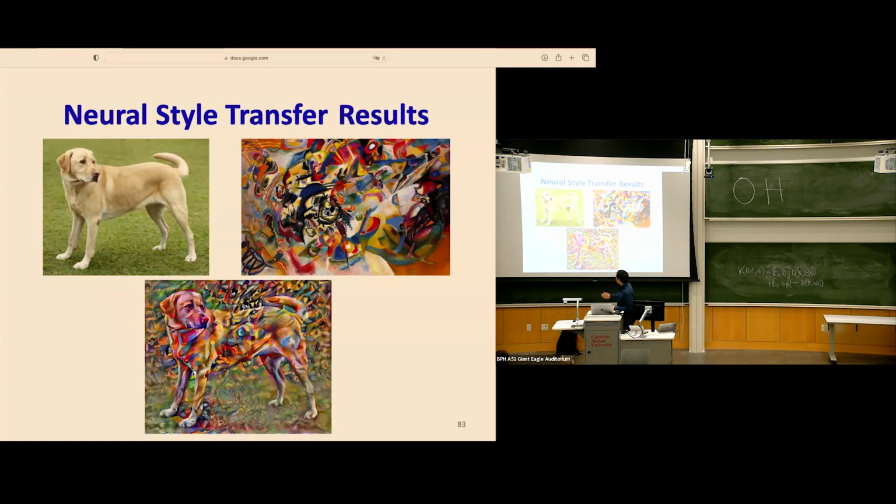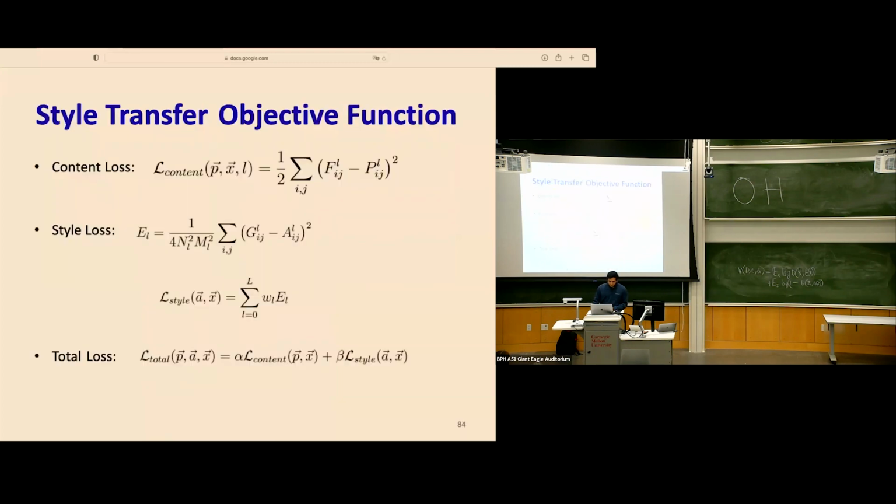And yeah, I'm sure you must have seen results like this before. Now you know how to get it done. And there are a lot more applications of this where you can use it for image inpainting or deblurring, etc. Again, I won't dwell too much on this, but it's important to know that the objective function has two main parameters. One is the content loss, and the other is the style loss.